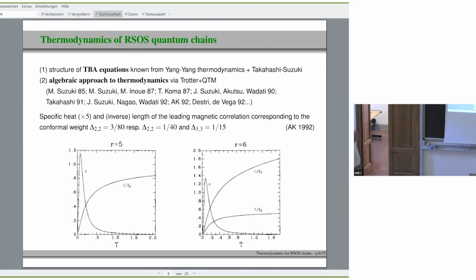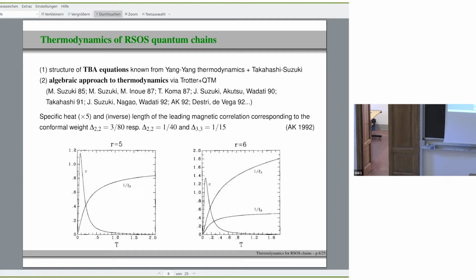Okay, maybe a remark on thermodynamics. This was finite size, temperature 0. But the equations look like TBA equations, known from the Yang and Yang thermodynamics and maybe the Takahashi-Suzuki classification of allowed bound states.